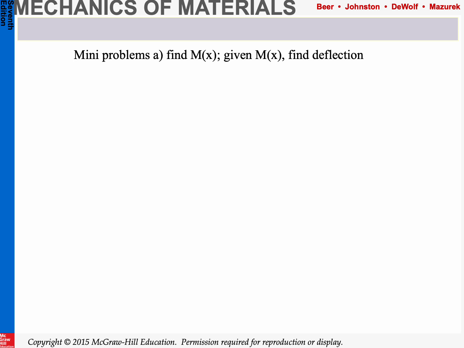So for the first part, A, we have our point here, our reaction, and we have some portion of your uniformly distributed load.